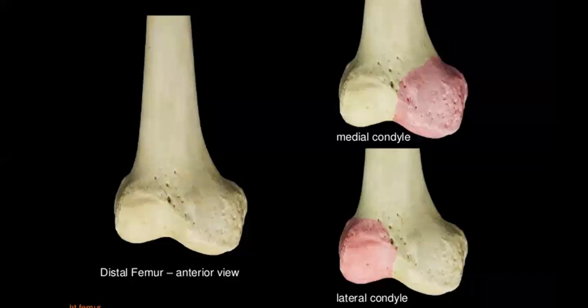Somebody asked about the valgus and the varus. These are foot anomalies, having a distorted foot or D-shaped foot, the valgus and the varus. It is not in this femur, but I'll let you know some.